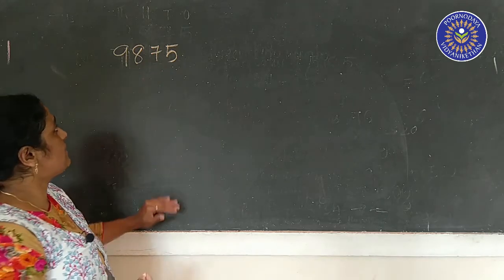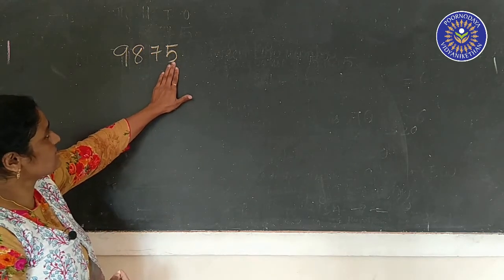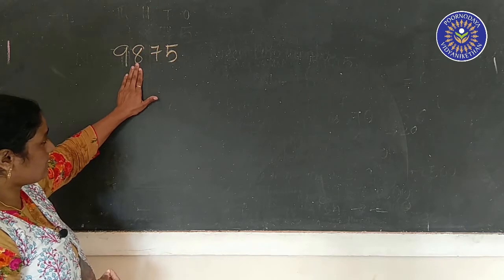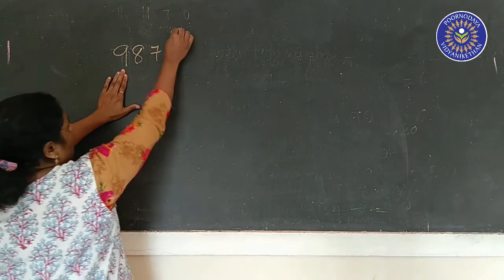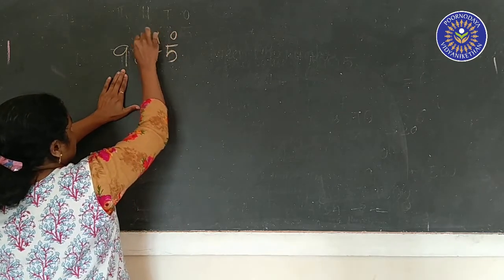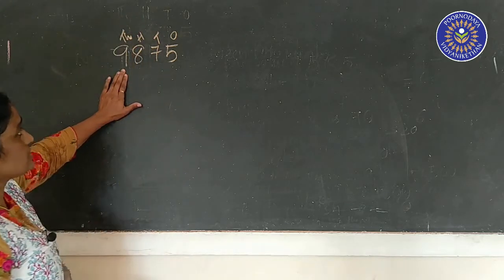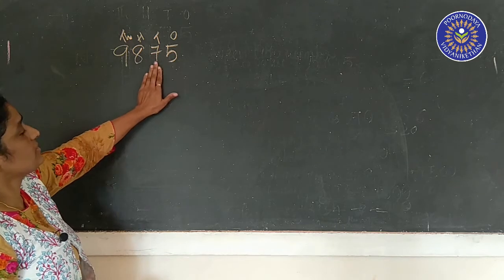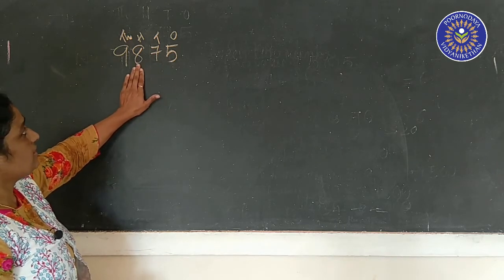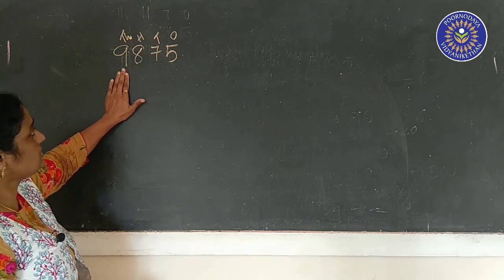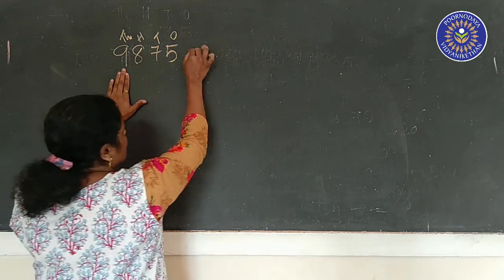Here is one example. How many places? Ones, tens, hundreds and thousands are here. So 5 ones, 7 tens, 8 hundreds and 9 thousands. How can we expand this number?